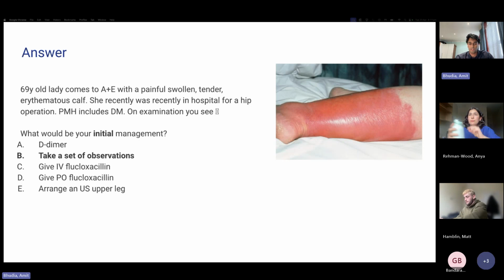So just from this, it could be a couple of things. You should be thinking cellulitis, maybe DVT. At the minute, it's more likely to be a cellulitis, but it's not always so obvious given her recent surgery. It could also be a DVT. So you should also investigate by doing a Wells score.